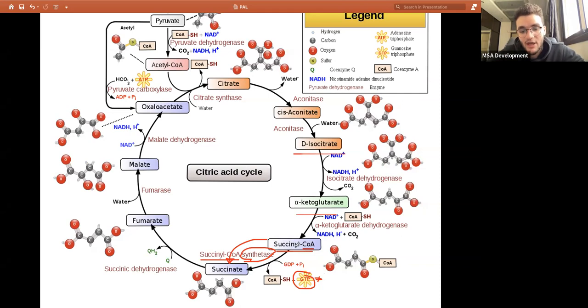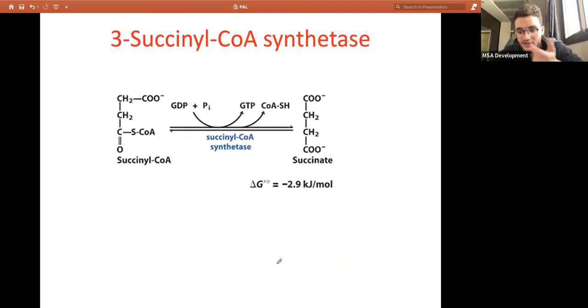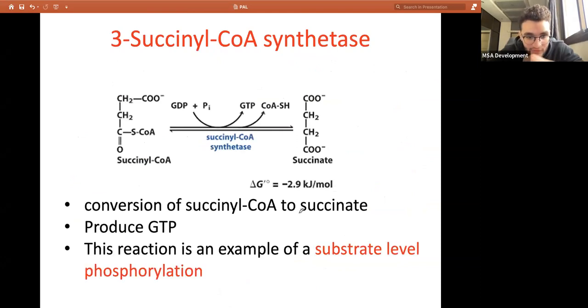So this is the step for forming GTP, and because it's the step that forms GTP directly, we call this step a substrate level phosphorylation. So succinyl-CoA is being converted to succinate to produce GTP.